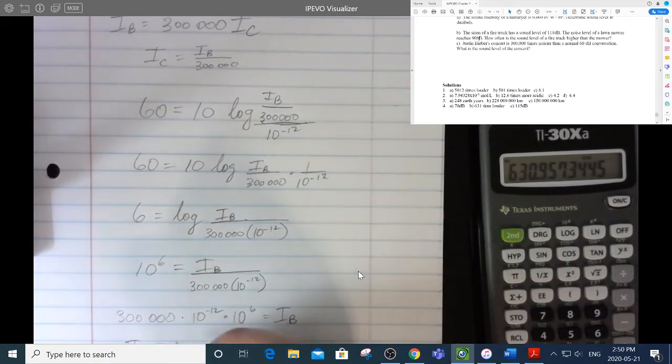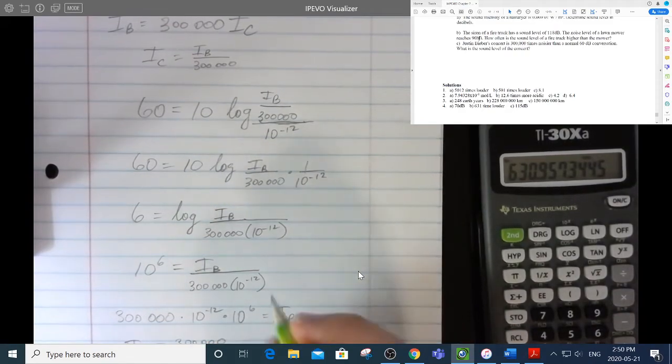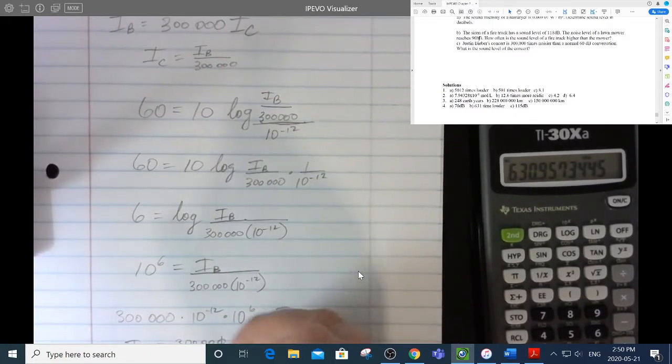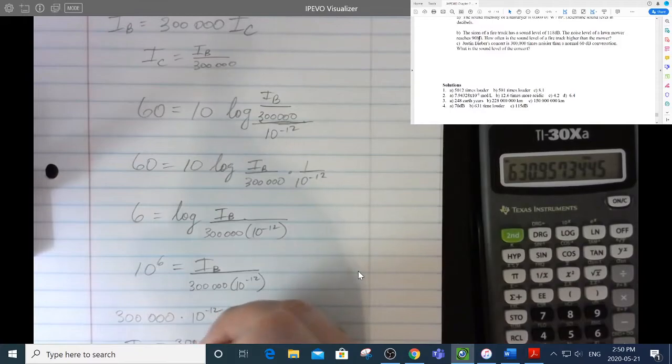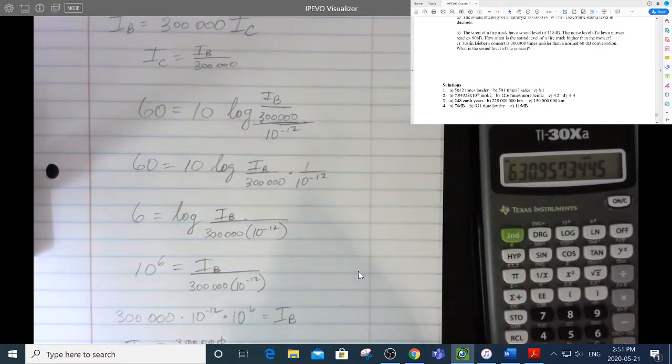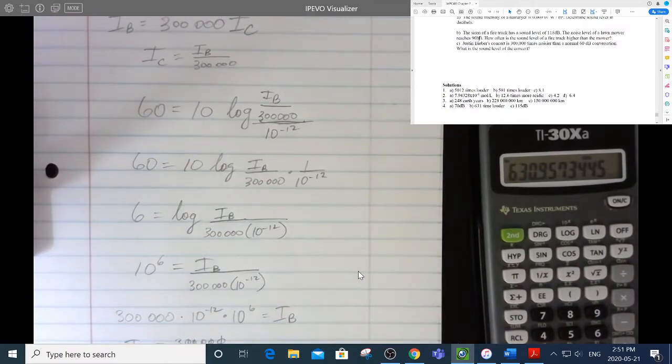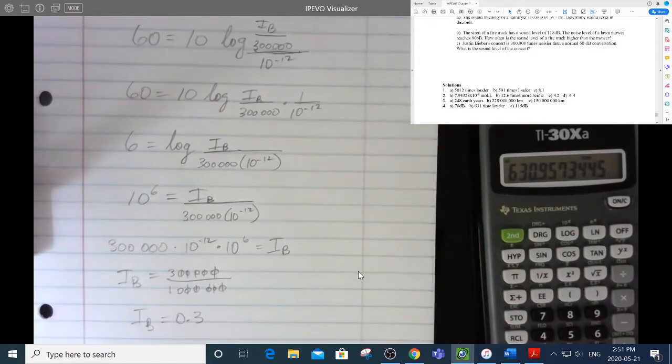Well, that's like saying 300,000 divided by 10 to the positive 6, which is just a 1 with 1, 2, 3, 4, 5, 6 zeros. Zeros can cancel when you're dividing, because you're just dividing out tens. So it's actually 0.3.